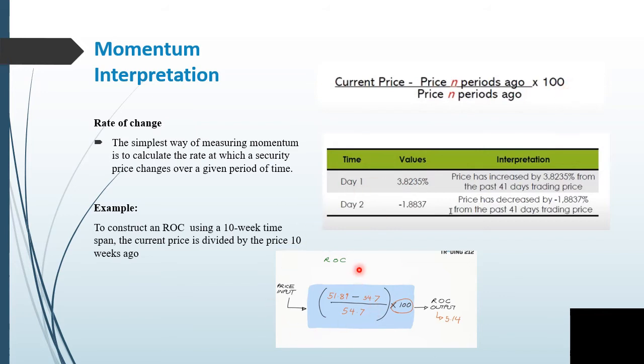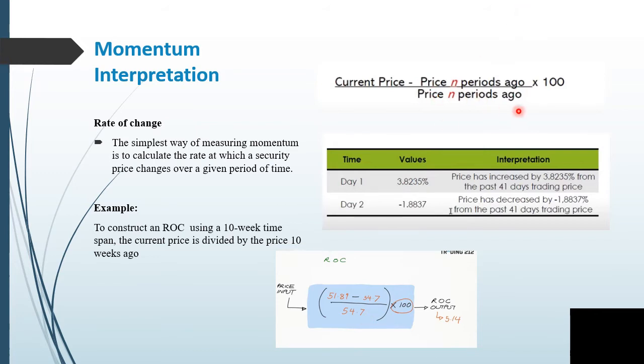So, you look at here. For example, the current price is 51 ringgit 89, 51.89, minus the price n periods ago, 54.7 for example, divided by 54.7.